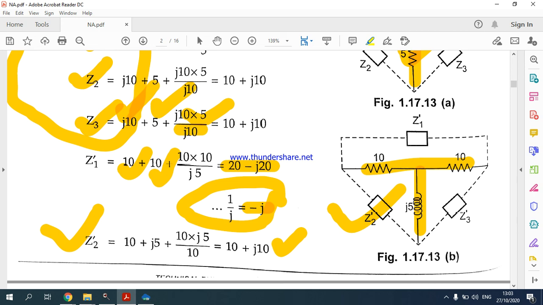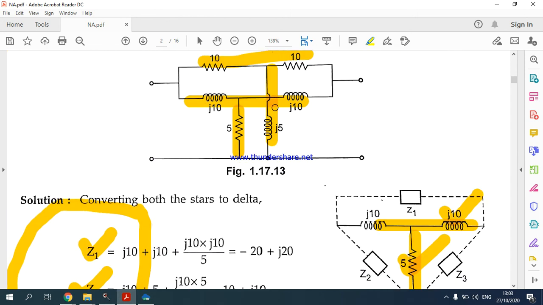I want to combine these two delta connections together. I will connect this delta in place of this T. I got a delta like this, no? Delta like this. Here also for this one, you got another delta like this.